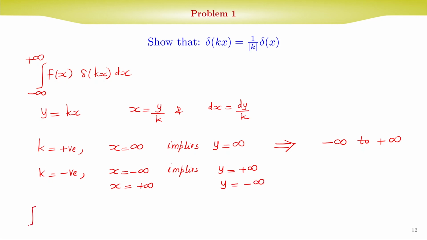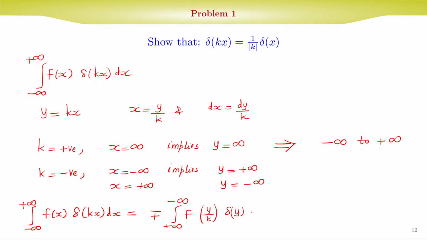When we change the variable, this integration, that is minus infinity to plus infinity, f(x) delta(kx) dx becomes minus or plus the integral from plus infinity to minus infinity of f(y over k) delta(y) dy over k.